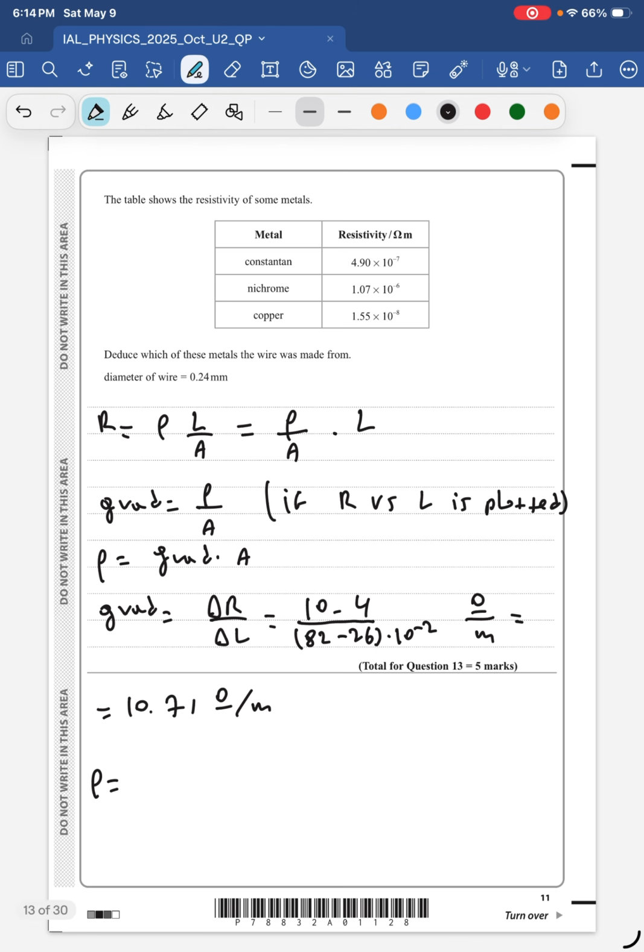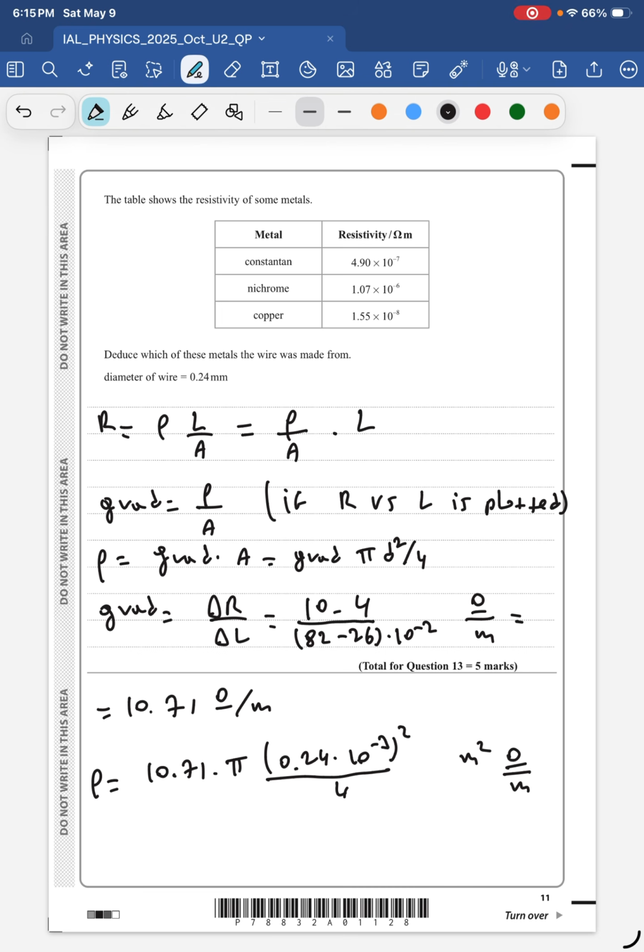So the resistivity is the gradient times A, which is equal to the gradient times pi d squared over 4, since they are giving us the diameter. So we write 10.71 ohms per meter, times pi times 0.24 times 10 to the negative 3, squared, meter squared over 4.